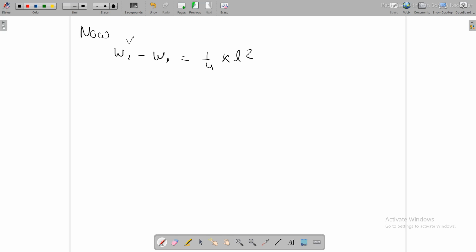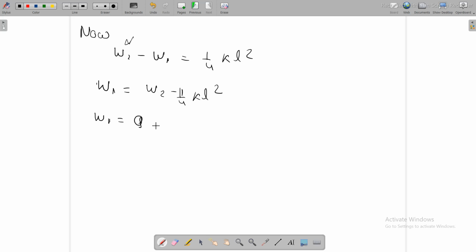Therefore just putting W2 here, the value of W1 will be W1 is equal to W2 minus 1/4 KL square.